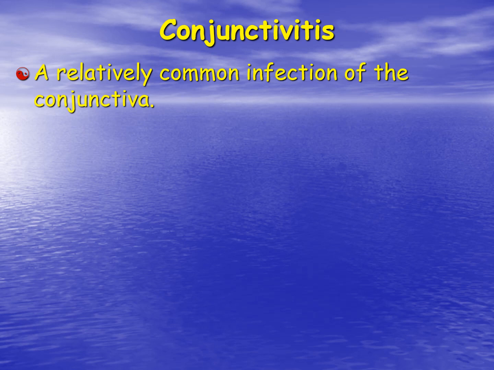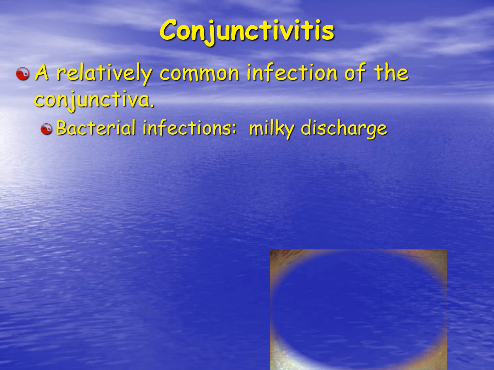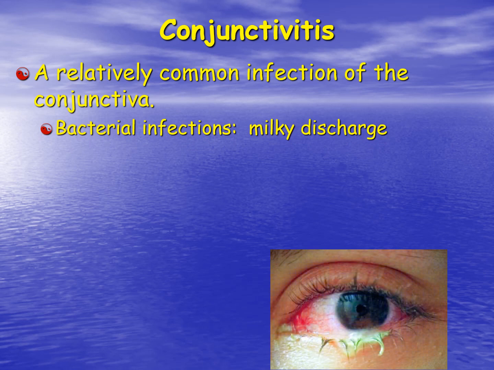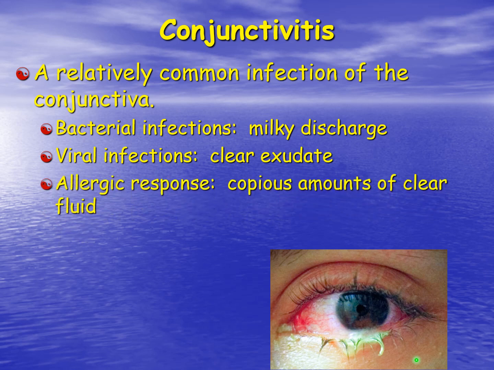Conjunctivitis. A relatively common infection is conjunctivitis. Bacterial infections of the conjunctiva tend to produce milky discharges because it's producing pus. Viral infections tend to be more clear exudate from the eye, and allergic responses causing conjunctivitis usually again have copious amounts of clear fluid.